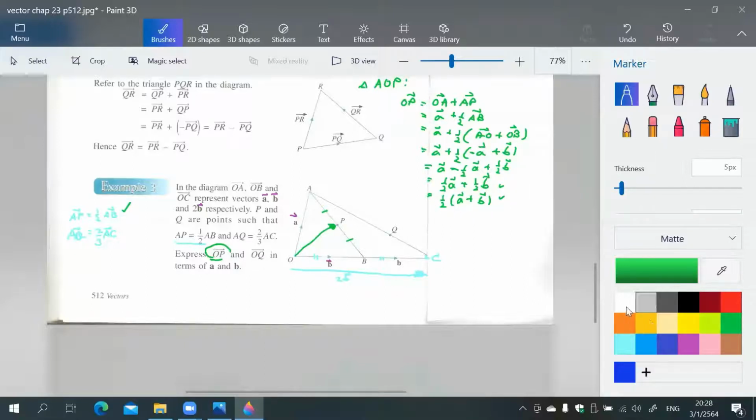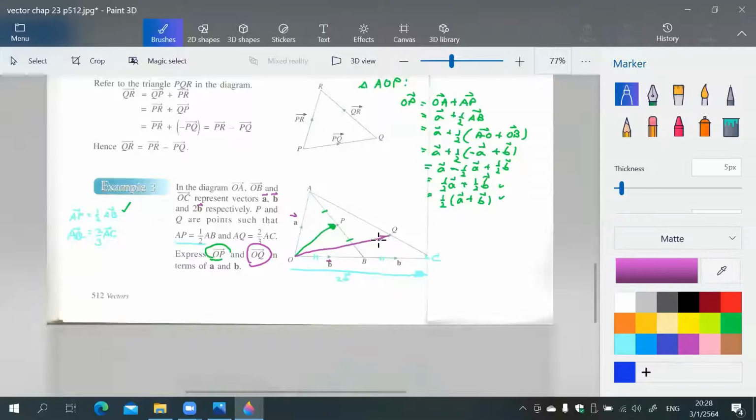Now we're going to find vector OQ. Which one are we going to find? OQ, where is it? So we draw one line. OQ should be a straight line, okay?